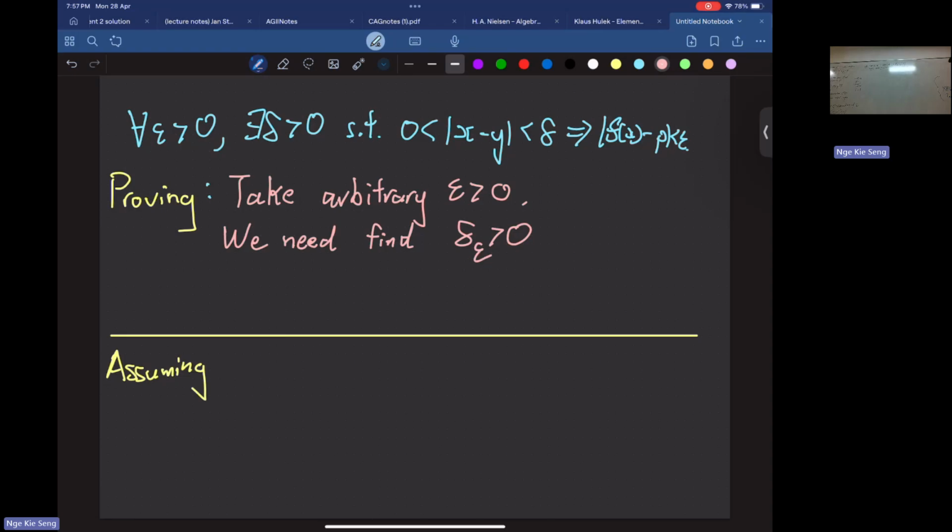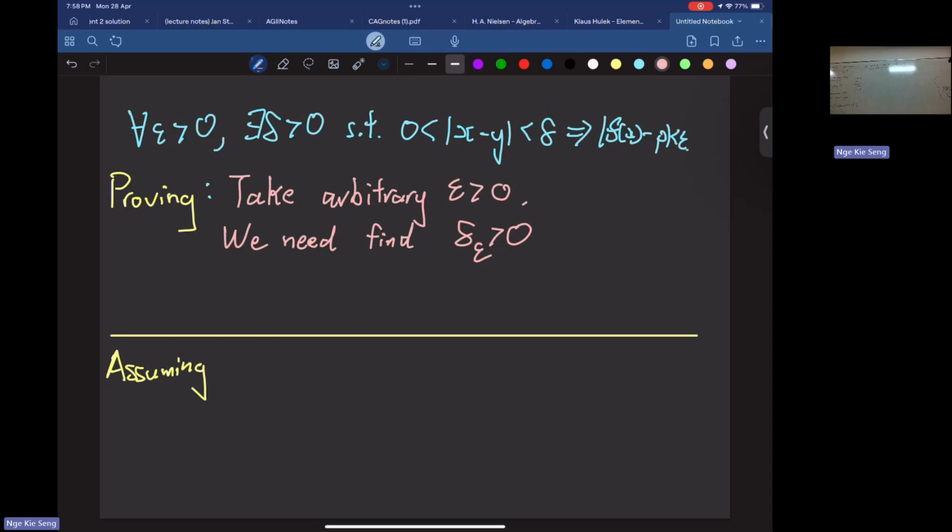Potentially, this delta depends on epsilon. That's fine, it may change with your epsilon. But for every epsilon, you must find a delta. But this delta is not a random delta. It's like saying I need to find a car, not just any car, but one that can seat seven people.